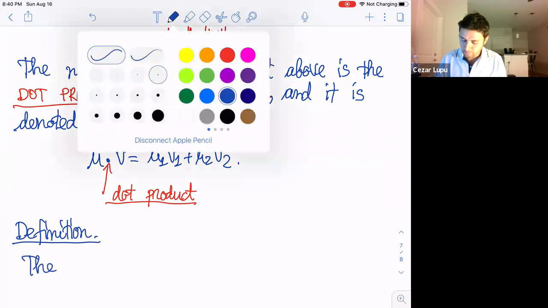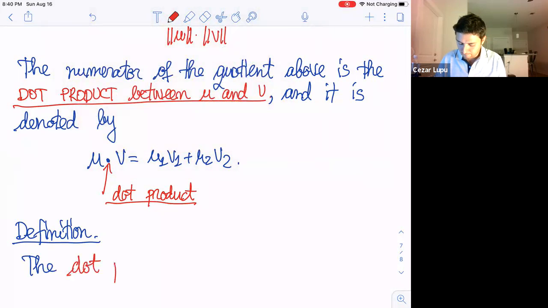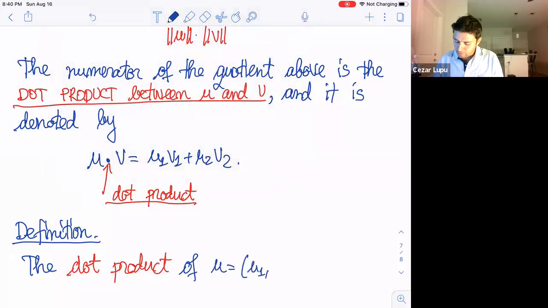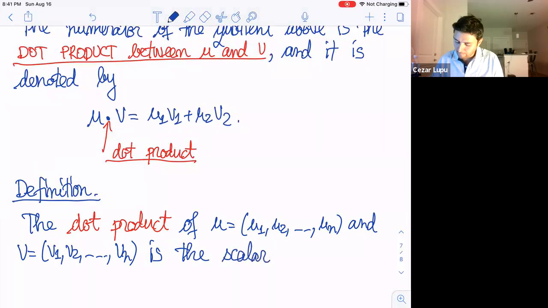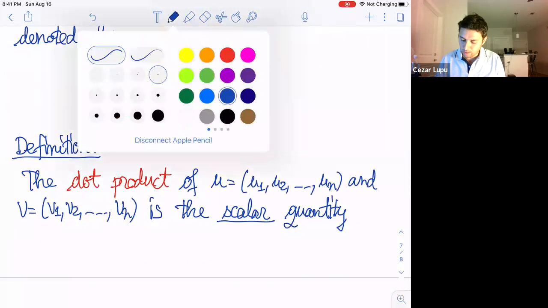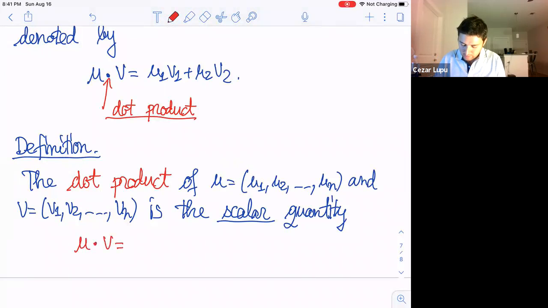The dot product of two vectors, u equals (u1, u2, ..., un) and v equals (v1, v2, ..., vn), is the scalar quantity, and we'll denote it in this way. u dot v is nothing else than just u1 v1 plus u2 v2 plus ... plus un vn.